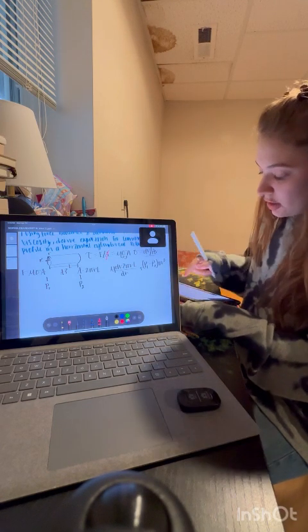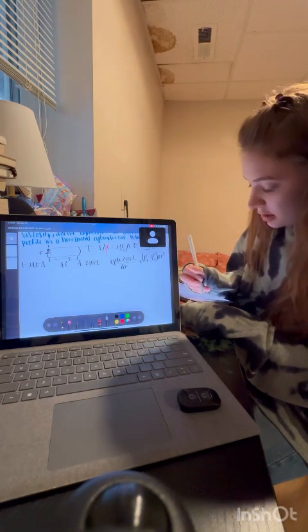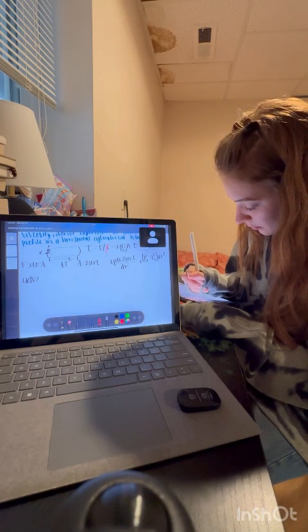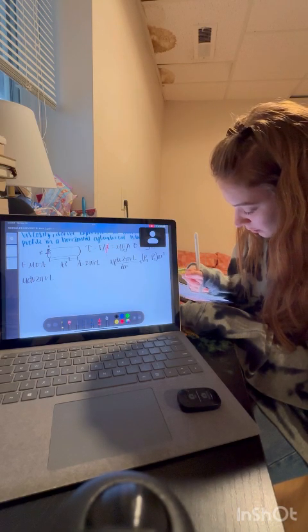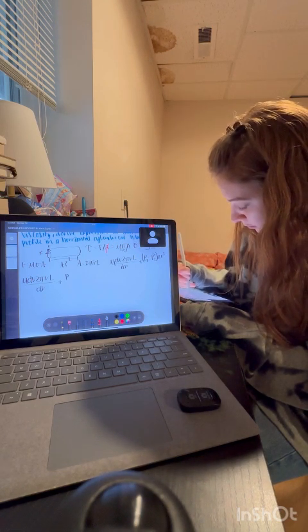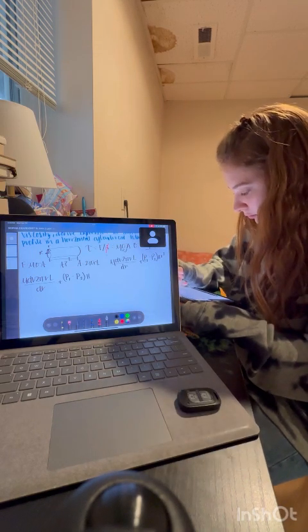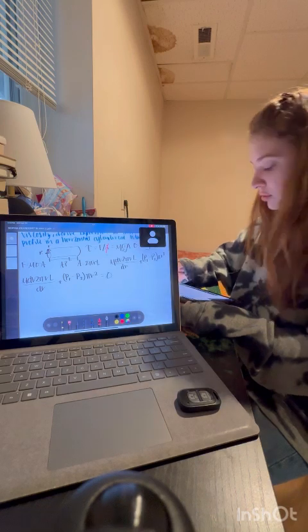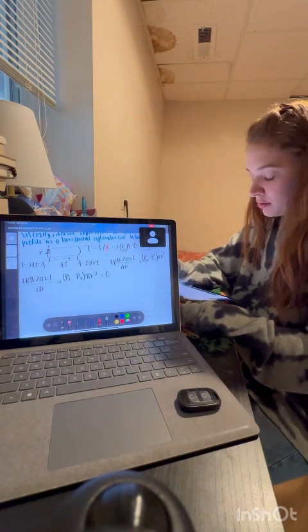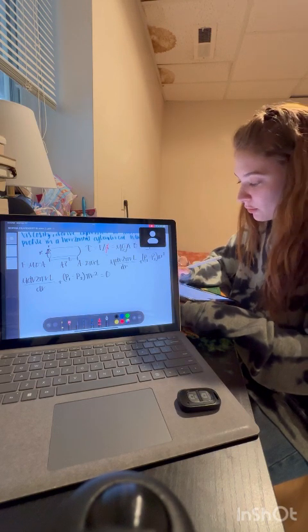And this equation that I've written here, we can set equal to 0 because of the system that we are working in.